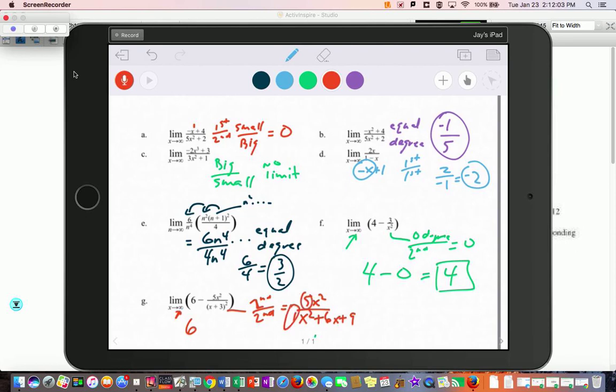But I only need to worry about the 5 and the 1 in front. So 5 over 1 is 5. So now I bring it over here, and this is going to be 6 minus 5, and I get 1. I get 1 from my limit.